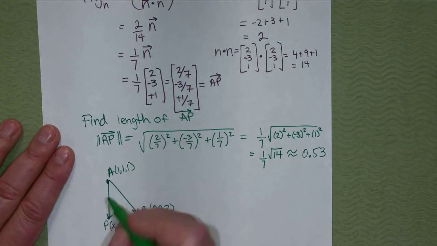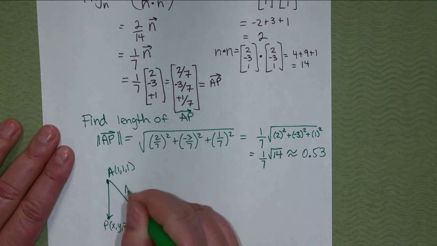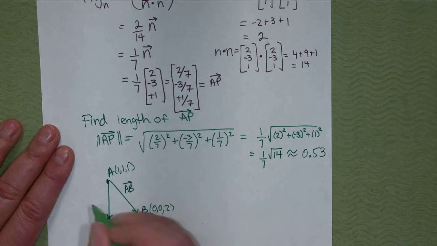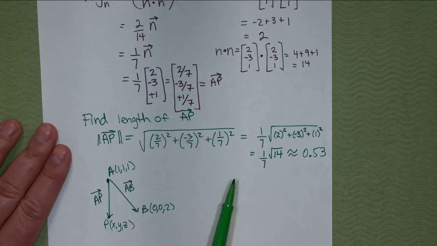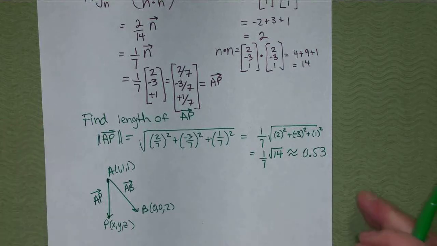We know this vector, AB. We know this vector, AP. And we need that point. So what do we do?